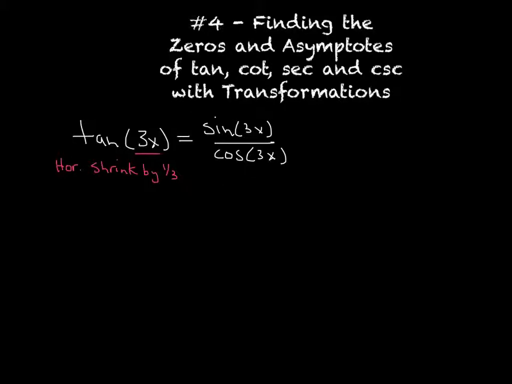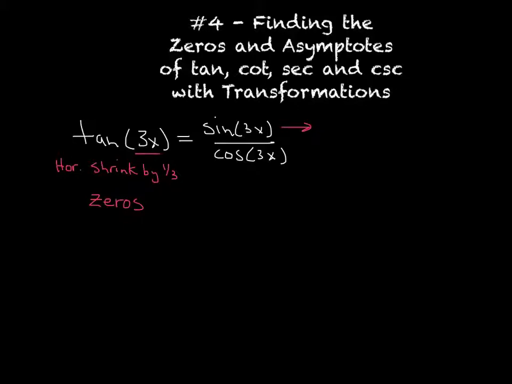So what you need to do is, if you're looking for the zeros of this function, you want to take the normal zeros of the numerator and divide them all by 3, or multiply them by 1/3. So let's just write out the normal zeros, and hopefully you're picking up on this.